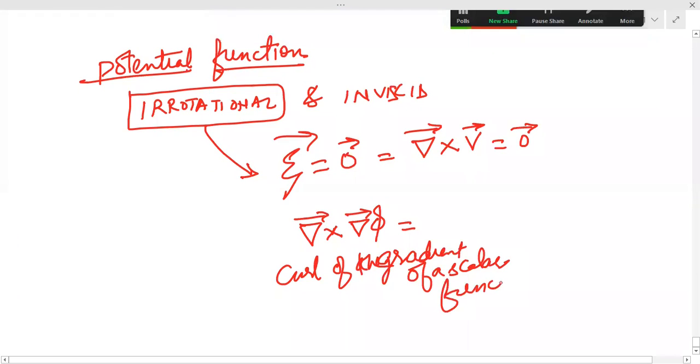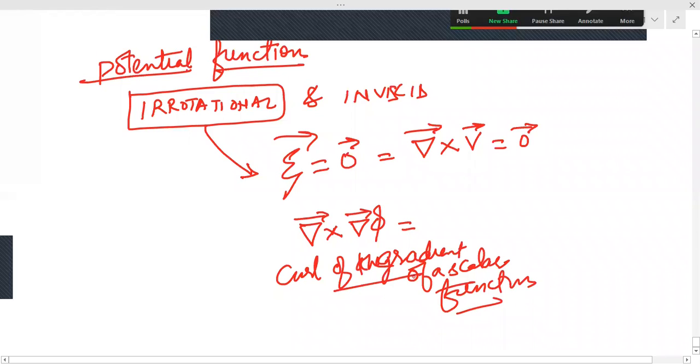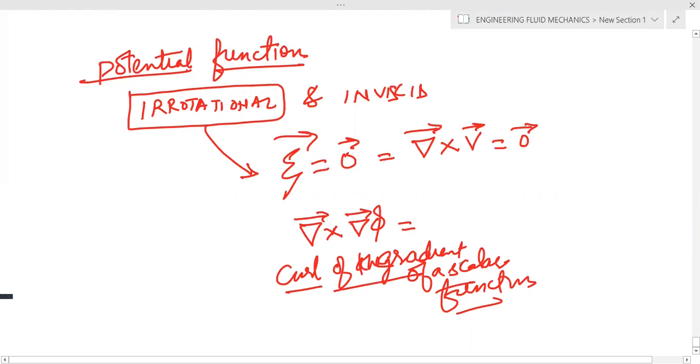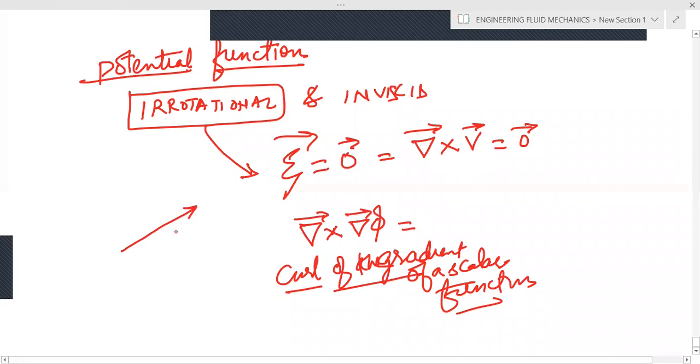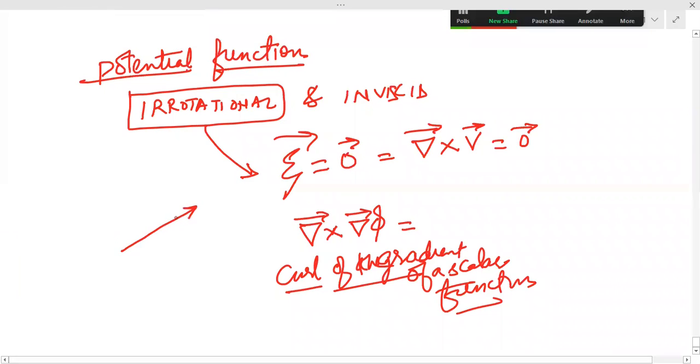So what do you think this is equal to? Gradient gives you the direction of maximum change, and curl gives you how the field is swirling around.